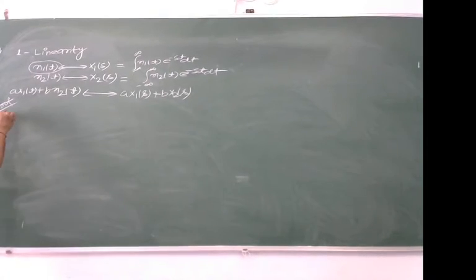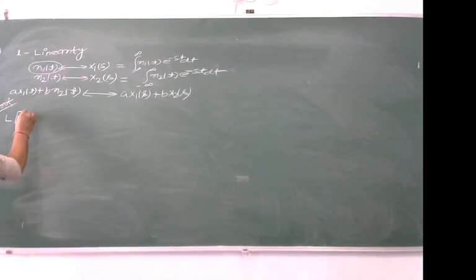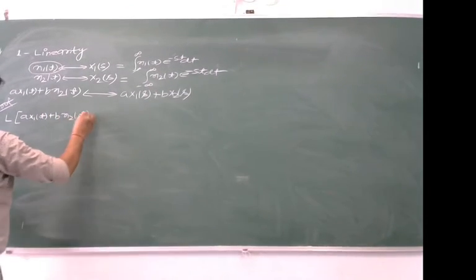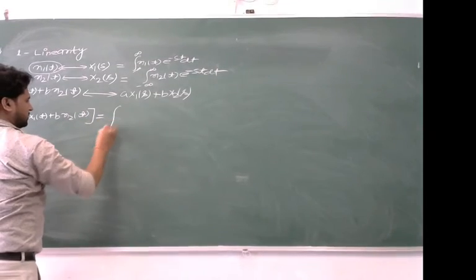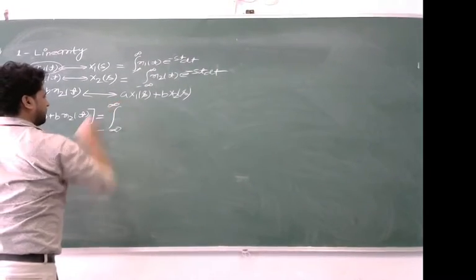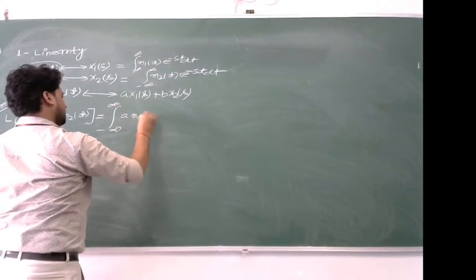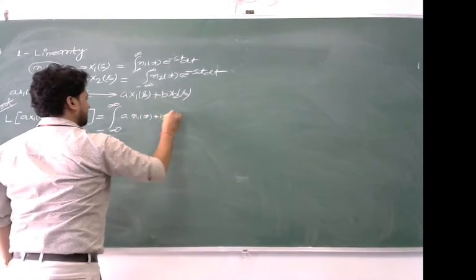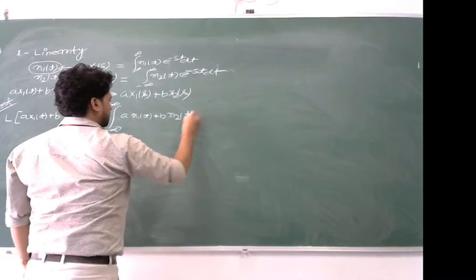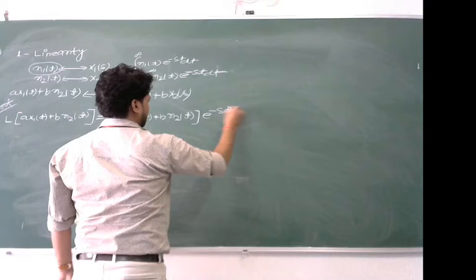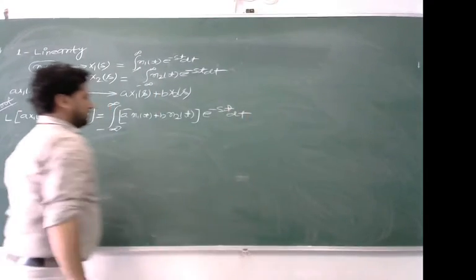Then the Laplace transform of a x1 of t plus b x2 of t can be written as the integration from minus infinity to plus infinity of a x1 of t plus b x2 of t into e power minus st dt.